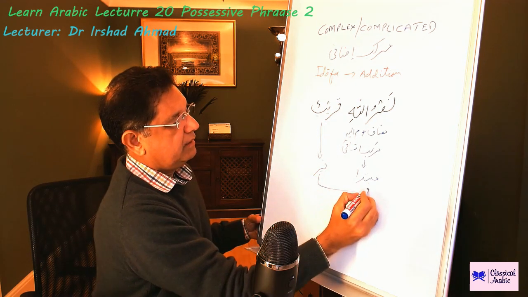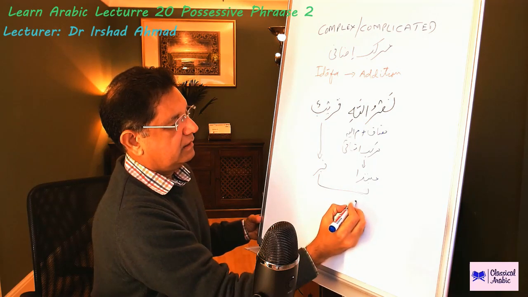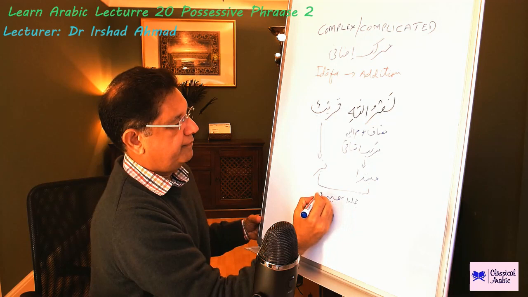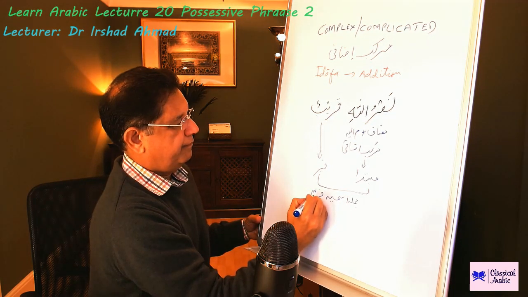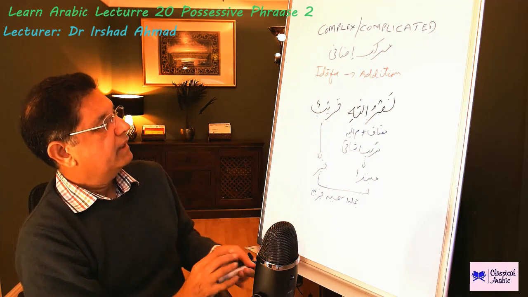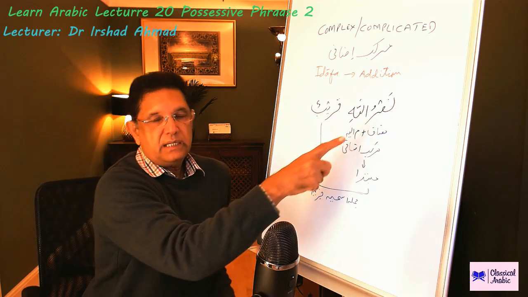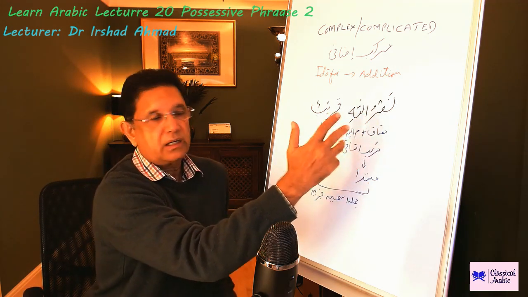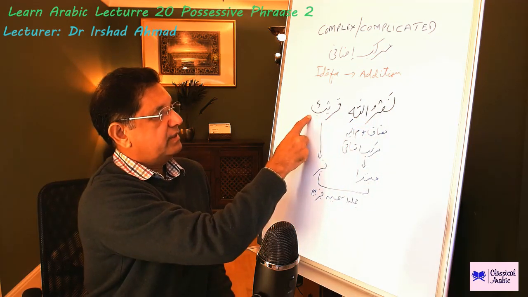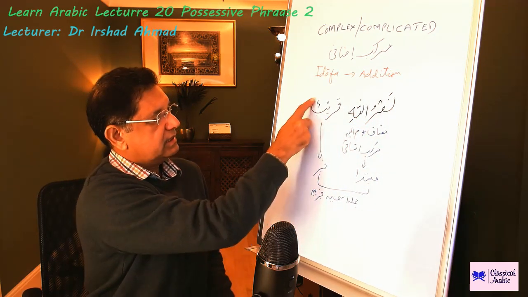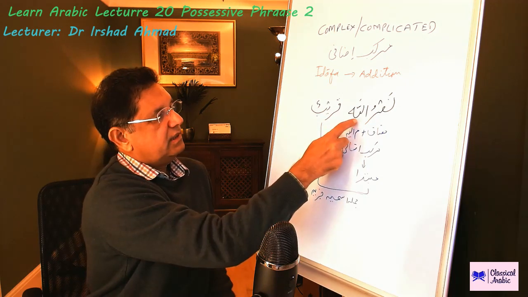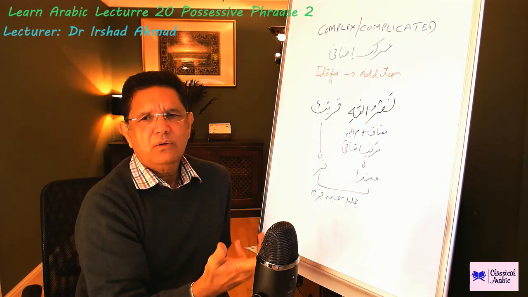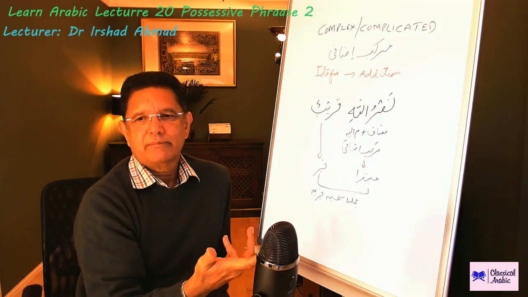Mubtada and Khabar combine to make Jumla Ismiya Khabariya. Now you will say, we have said that Mubtada is always in Rafa, and Khabar is also always in Rafa. We have got Khabar here which is clearly in Rafa, but you will say, oh, this Allahi is Majroor. So how is that going to become Mubtada?